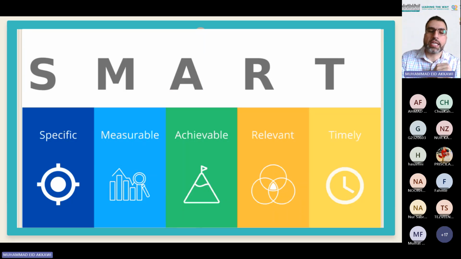What is considered a good objective? Objectives in your research are exactly like the objectives in your life. They can be summarized in an acronym, which is SMART. I believe almost all of you are familiar with this one. What does SMART stand for? S stands for specific. Every objective of your research should be specific.